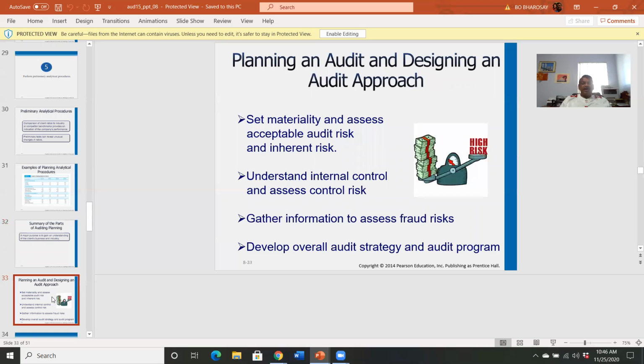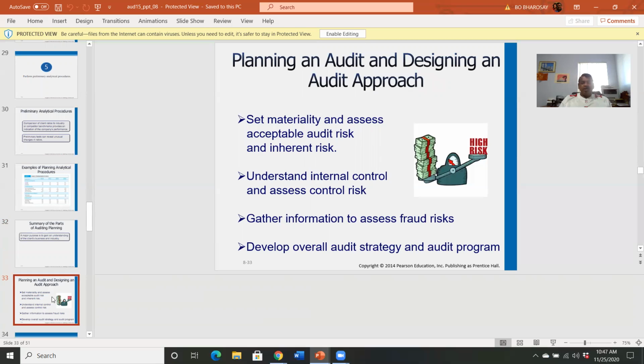Planning an audit and designing an audit approach. You set materiality and assess acceptable audit risk and inherent risk. You understand internal control and assess control risk. Now, audit risk we talk about, inherent risk we talk about. Audit risk is the risk that although we did a proper audit and complied with GAAS, the financial statement may be materially misstated.